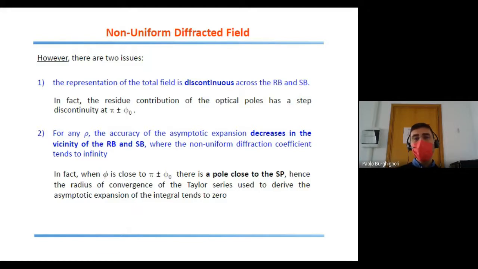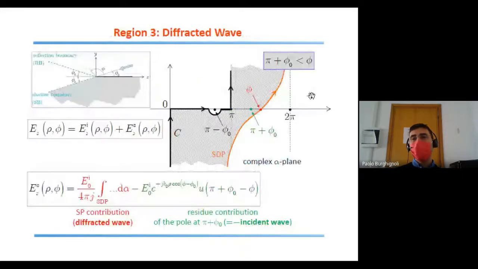That is because when you are close to those locations, those angular locations, what happens is that your saddle point may become very close to the pole. Now, if you remind the principle by which we derived the asymptotic expansion through the saddle point technique, what we did is take the starting point, the saddle point, and consider the convergence radius, that is, the distance to the singularity.